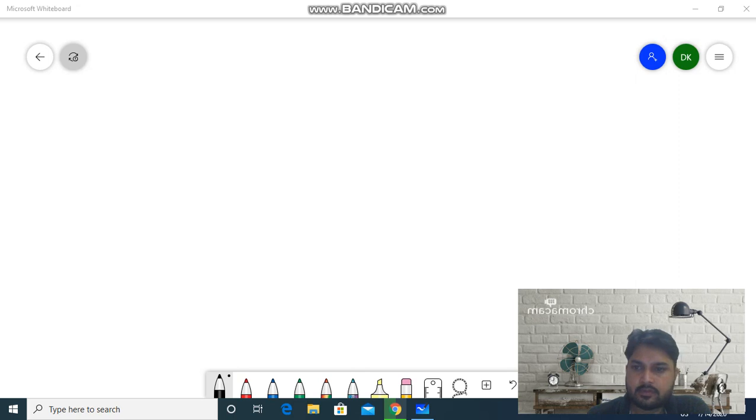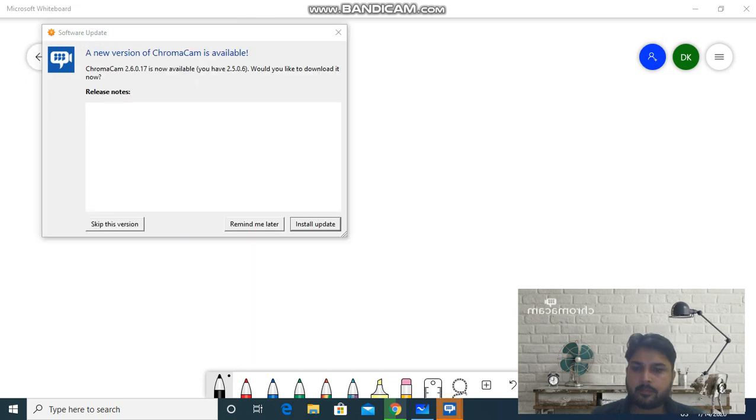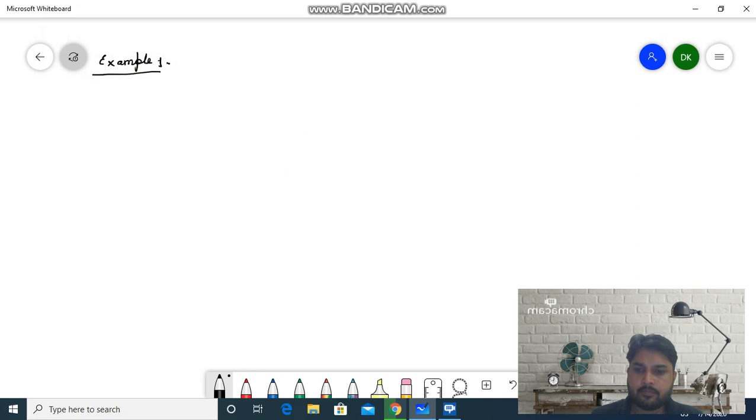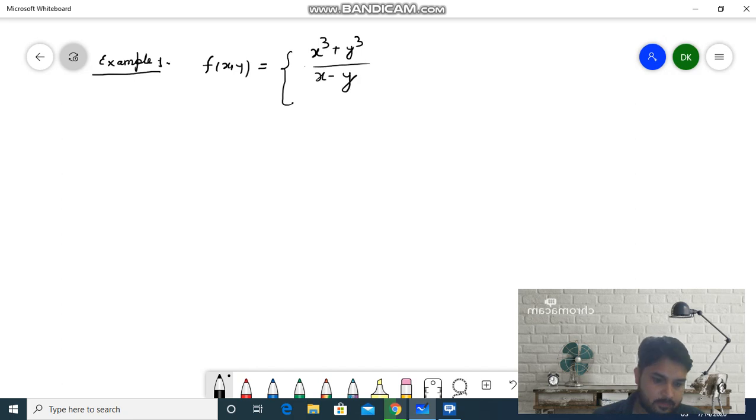So the first example is f(x, y) equal to (x cube plus y cube) upon (x minus y), when x is not equal to y, and its value is equal to 0 when x is equal to y.